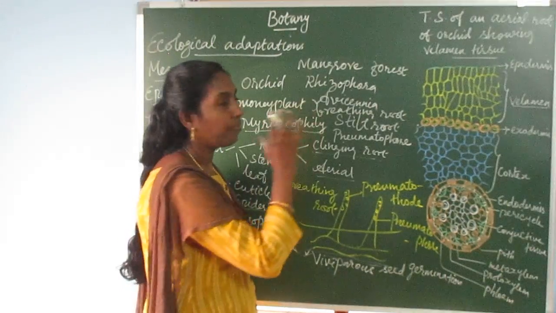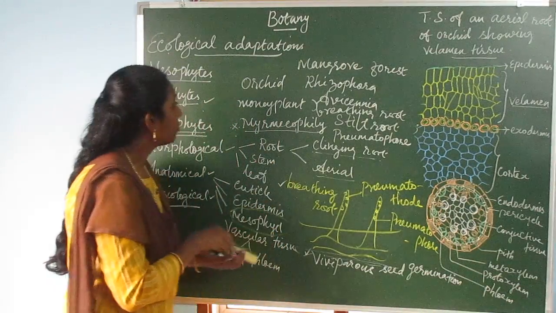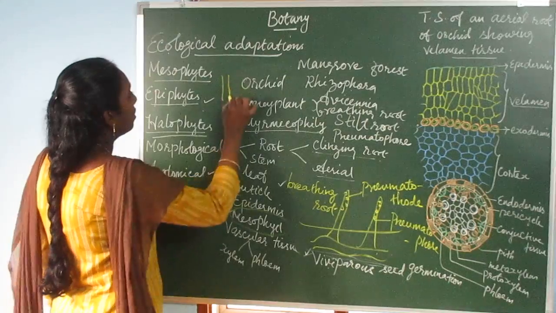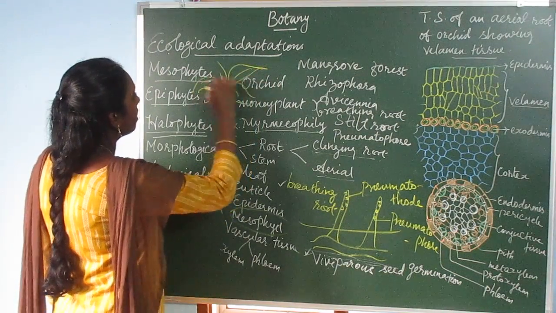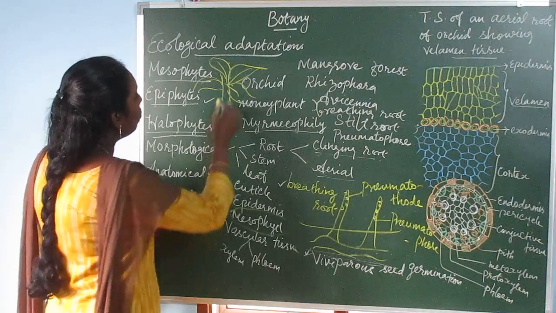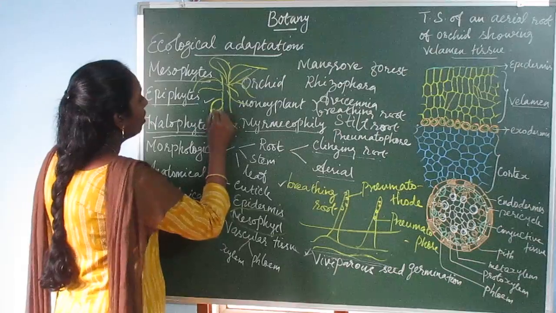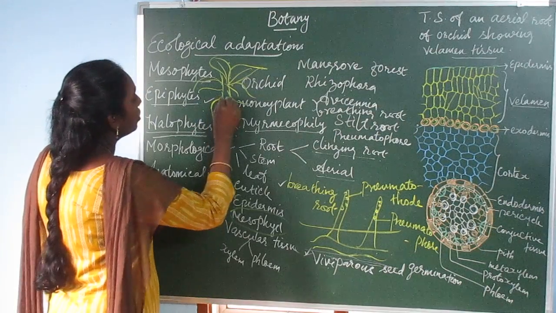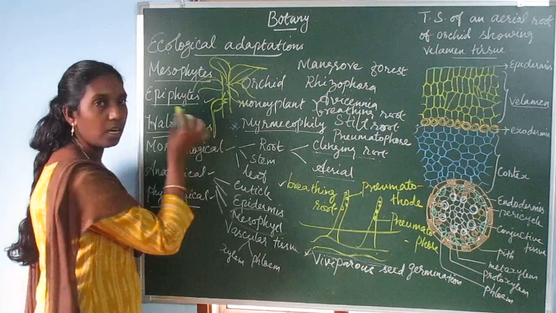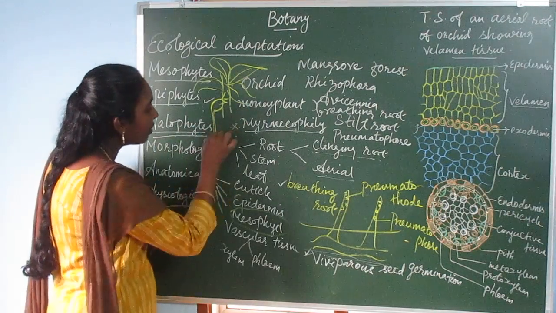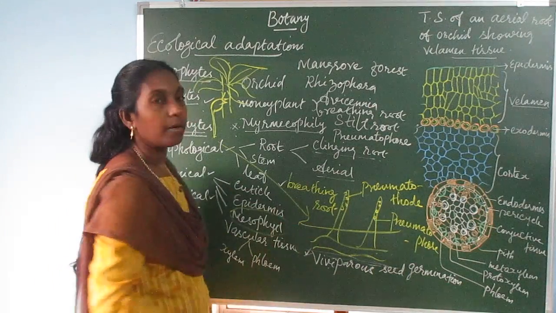So within the plant, here is the twig, these are the leaves, and the fruit is present here. The seed starts to germinate within the fruit, and after germinating it falls down in the mud.